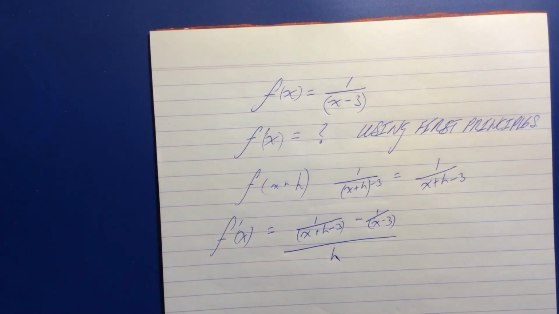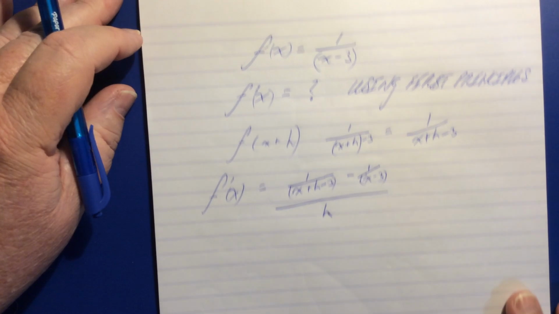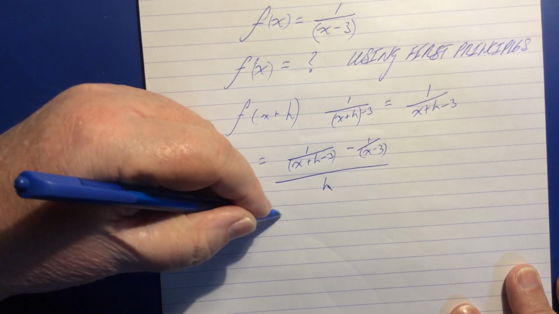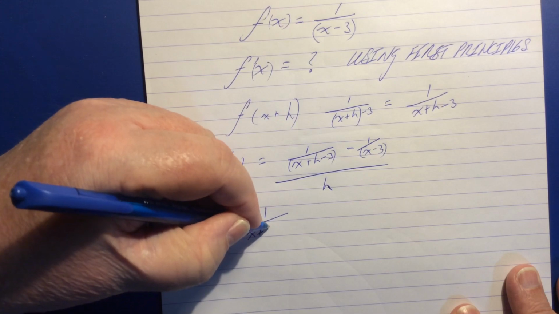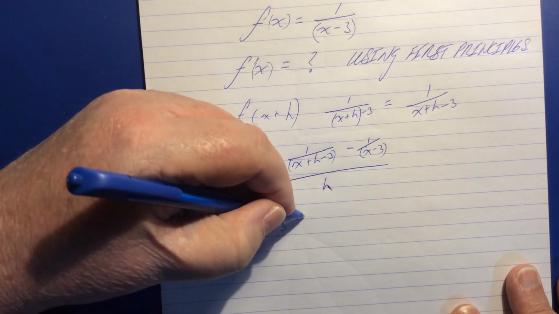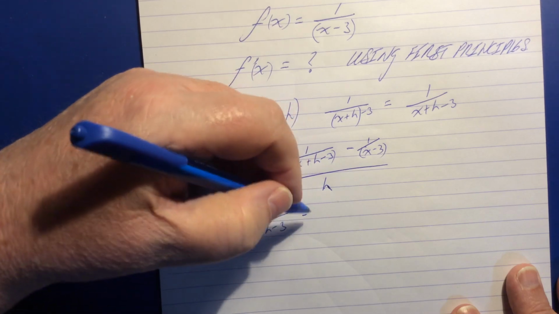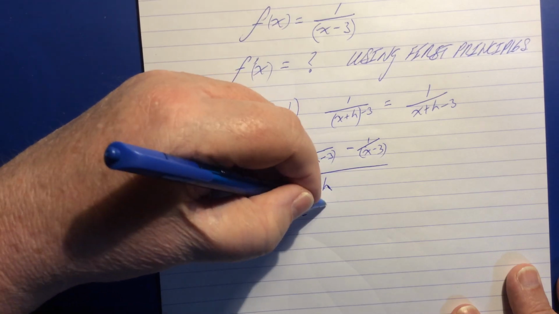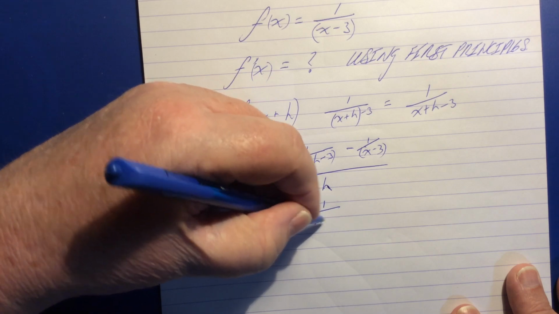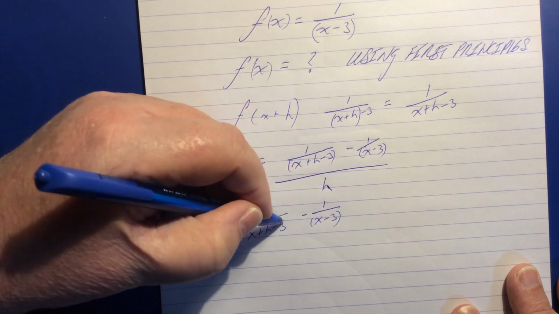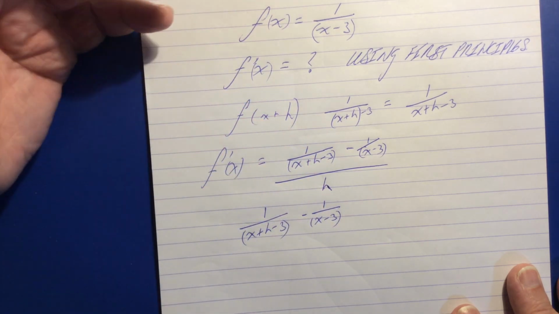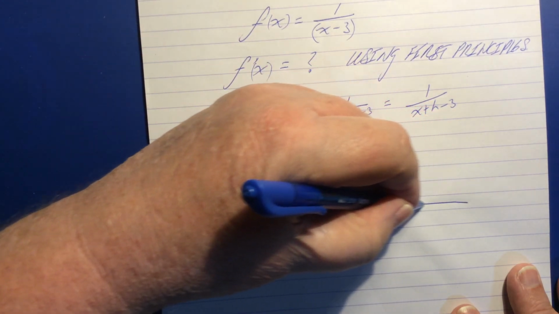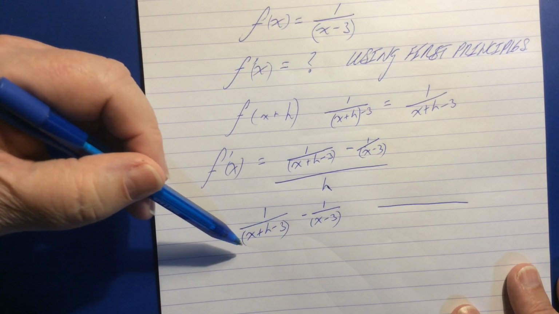So what are we going to do about this? This looks really nasty. Well, the first thing we're going to do is simplify this numerator. So let's go to work on that. We've got 1 over x plus h minus 3 minus 1 over x minus 3. So, let's get ourselves a line here. We're just going to cross multiply this.